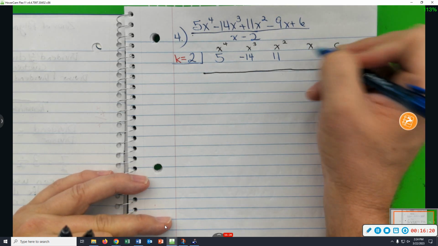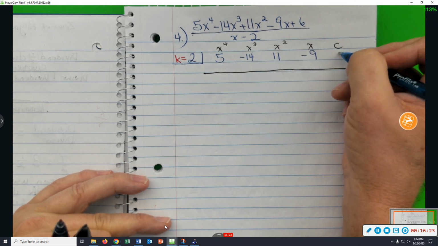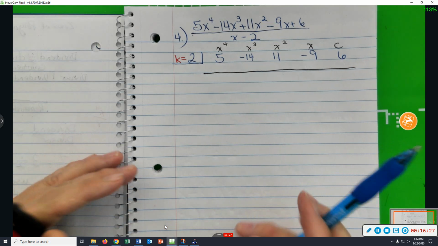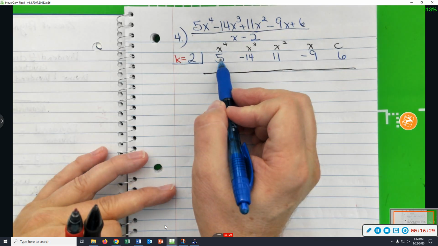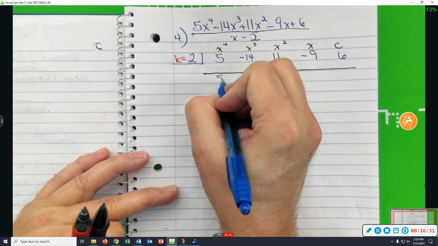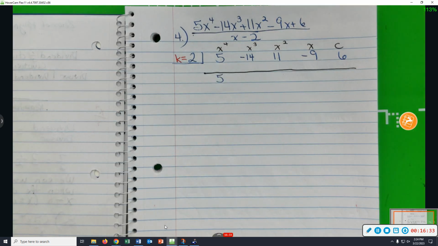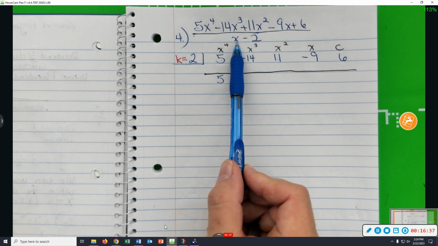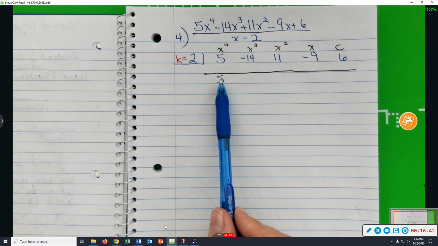Here, and then to start the process, you always just take the leading coefficient and move it down. If you have a 5x to the 4th over an x, you'd cancel an x, but 5 divided by 1 stays at 5. So that's why you always just bring down the leading coefficient.